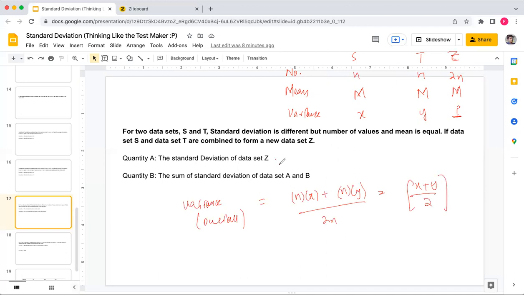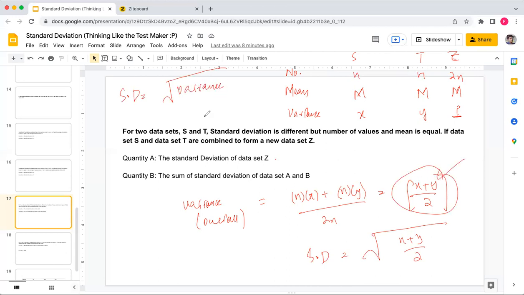This is the variance of the data set Z. So what will be the standard deviation? That will be just the square root of this value, X plus Y divided by 2, right? If this is the variance, what is the standard deviation? That is just the square root of variance. We know the variance, so the standard deviation will be just the square root of (X plus Y) over 2.